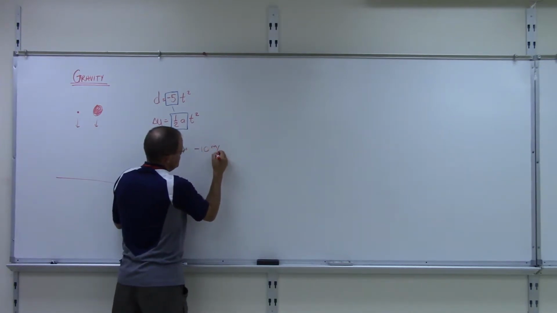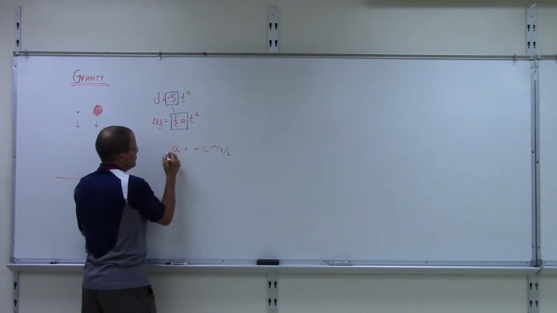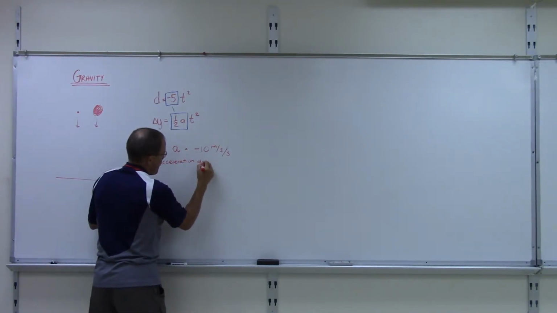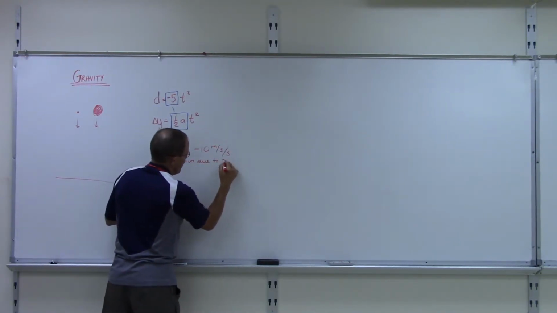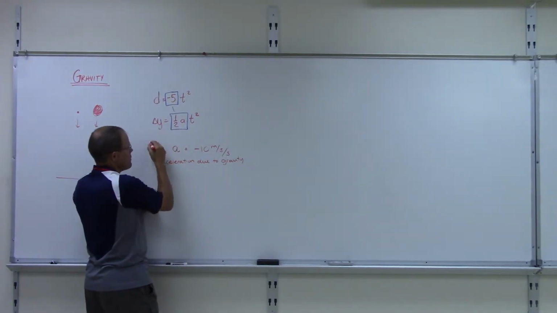The units are going to be meters per second per second. And we're going to call this the acceleration due to gravity. And that's a rather important number.